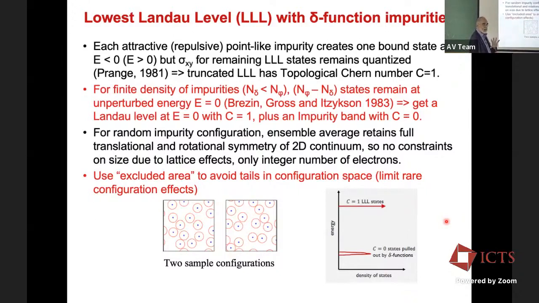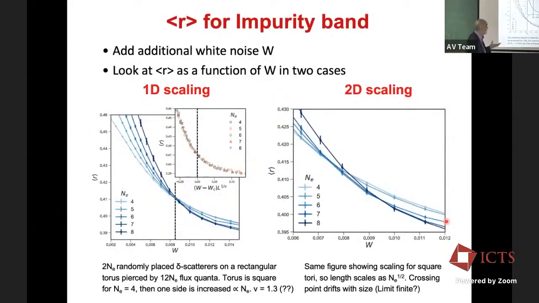We didn't allow it to be totally Poisson distributed. We put in a little bit of a hard sphere constraint, because we didn't want some rare fluctuation configuration to dominate our results. So this is one way of trying to get rid of rare configuration issues, at least at the scale that we are looking at. Okay, and we did exactly the same thing.